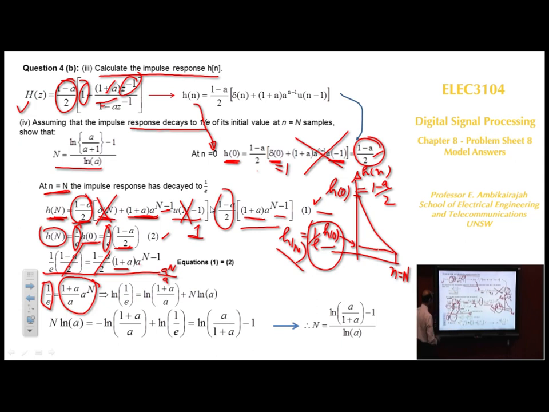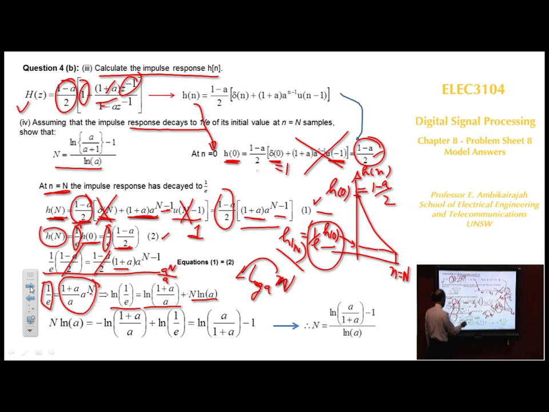That's the first part. Then you take log on both sides because we want capital N. So you take ln of 1 over e on both sides, and you get ln of 1 over e plus, because log of a times b is log a plus log b, log of a to the N, where the N comes in front.